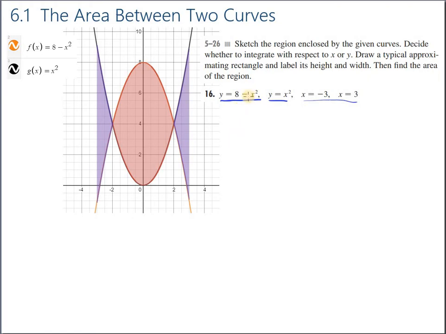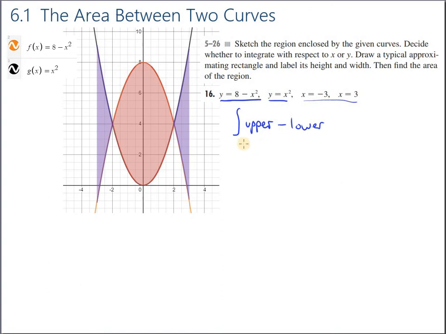Our basic idea for finding area is to say, let's do the upper function, whatever that is, minus the lower function. And if those change in the middle of the problem, we'll need to do separate integrals.